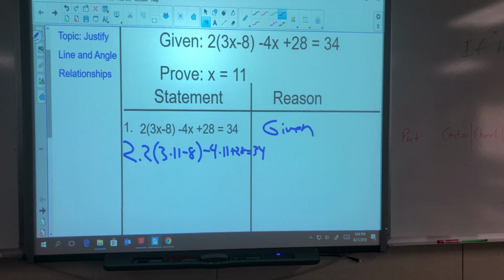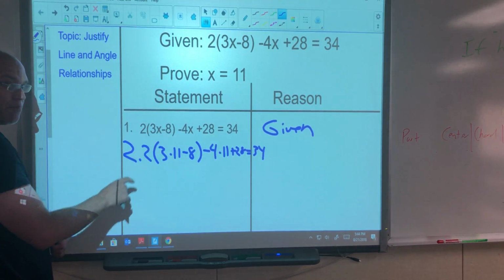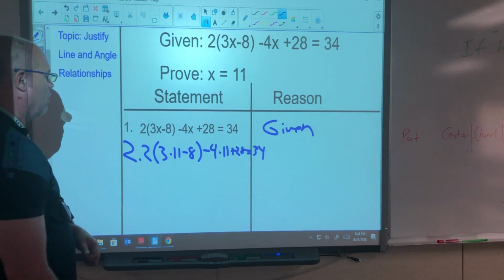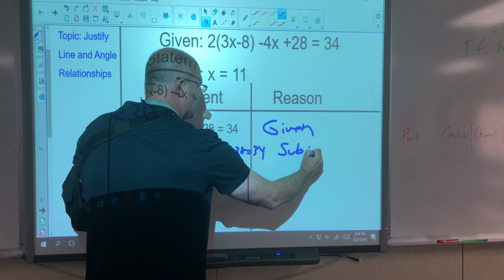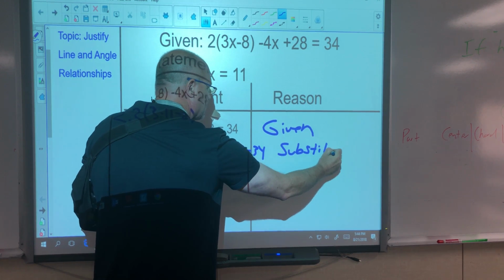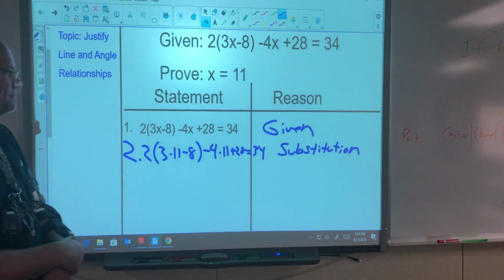Okay? So all we did is took the 11 and replaced x with 11. And we kept the operation. So that reason is going to be substitution property of equality.